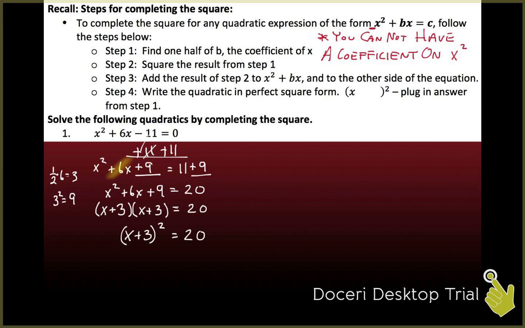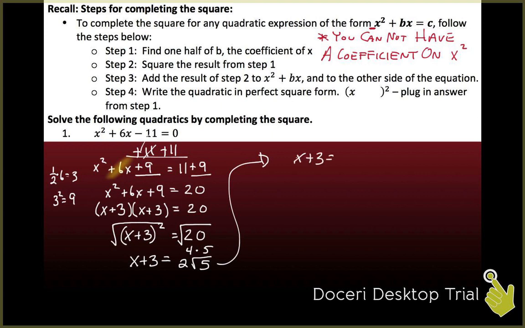To get rid of a squared, we can take the square root of both sides, and you'll end up with x plus 3 equals, well, the square root of 20 can be broken down into 4 times 5, so we'll have 2 radical 5. I apologize, I have to go back for a second. This should be plus or minus, because you have a positive square root and a negative square root.